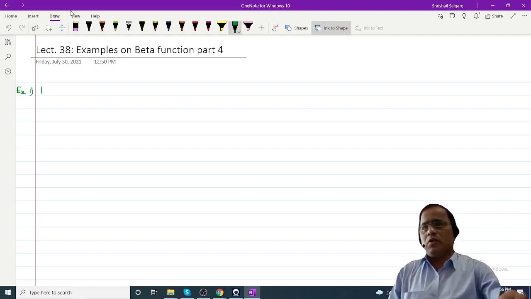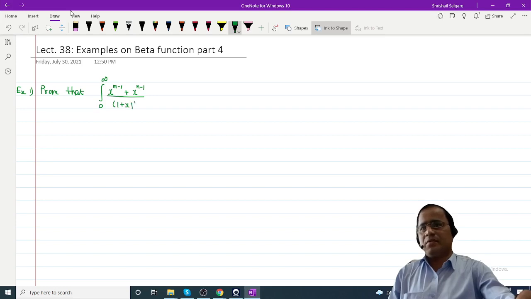You have to prove that the given integral from 0 to infinity of x raised to m minus 1 plus x raised to n minus 1, divided by 1 plus x raised to m plus n, dx, is nothing but beta of m, n.